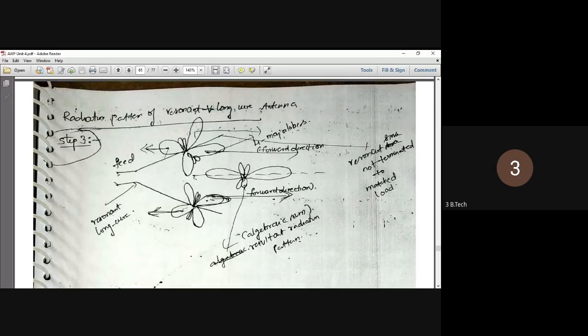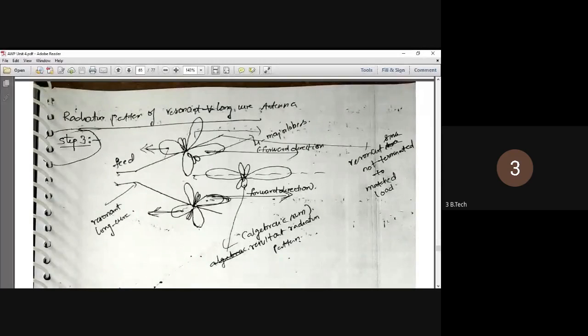So in this, one longer antenna has a bidirectional radiation pattern with few minor lobes. The other longer antenna also has a bidirectional radiation pattern with minor lobes. So what happens here is, in both the forward and backward directions, the lobes in the same direction add. Both lobes in the forward direction add to give this major lobe, and both lobes in the backward direction add to give the backward lobe.